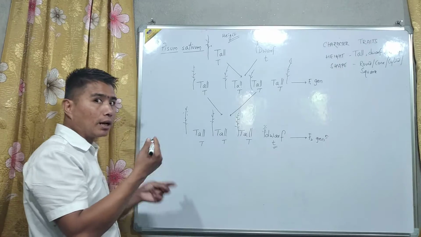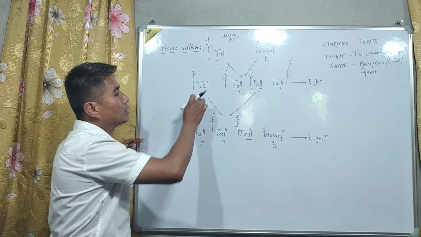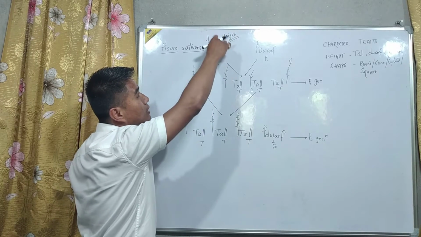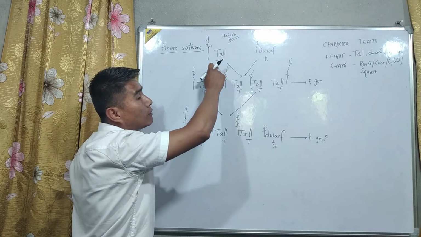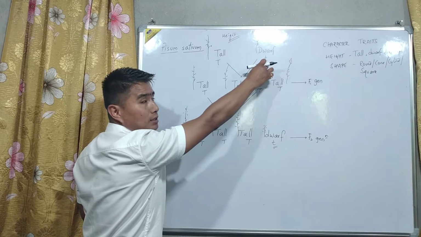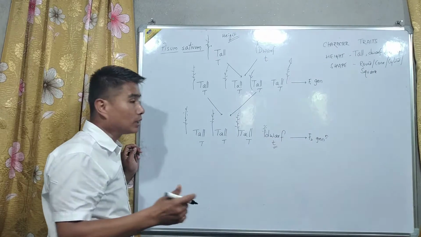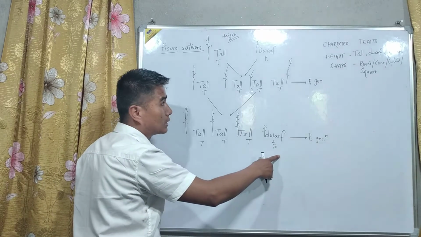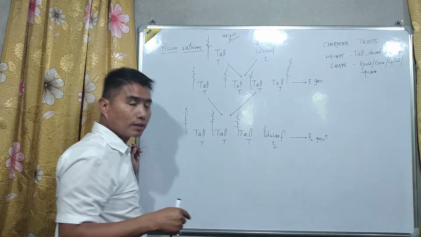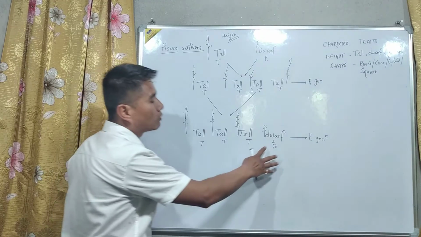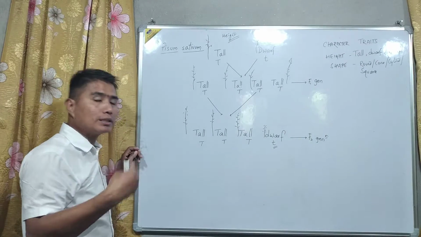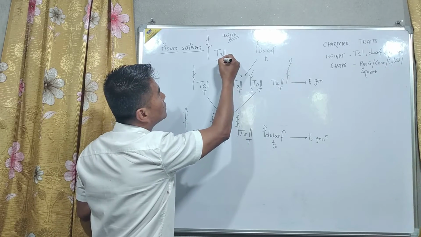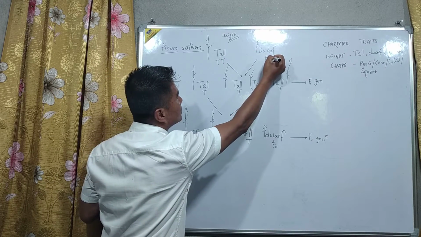So then Mendel corrected his factors. Mendel had thought that the height character is controlled by one factor. But when the dwarf character was seen in the F2 generation out of the tall characters, Mendel made a correction, saying that no, a character is not controlled by one factor, but a character is controlled by two factors.